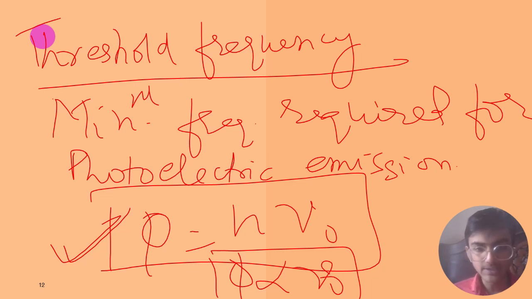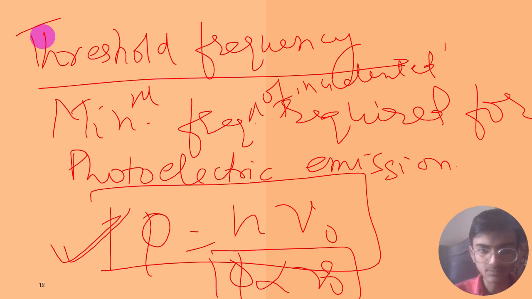So it will be the minimum frequency of incident light. In a clearer way, there is a minimum frequency of incident light or incident photon that is required for photoelectric emission.